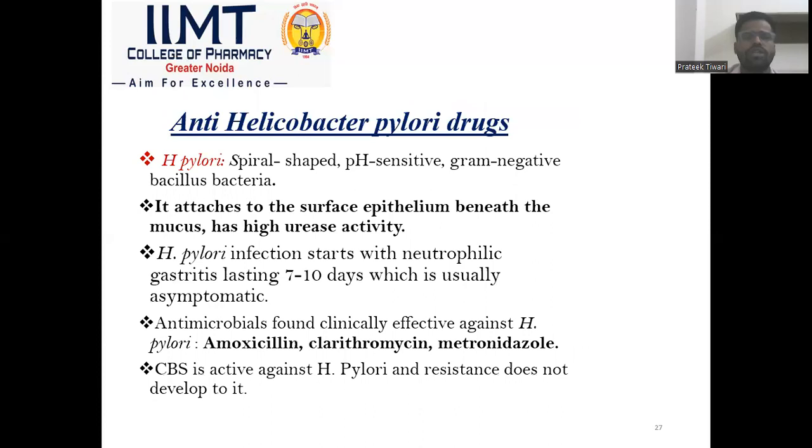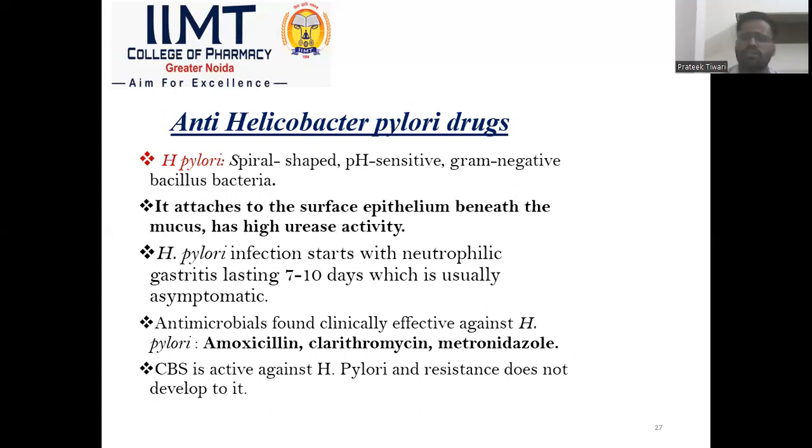Now we have to understand a little bit about H. pylori before discussing the anti-H. pylori drugs. First, it is a spiral-shaped, gram-negative bacteria.